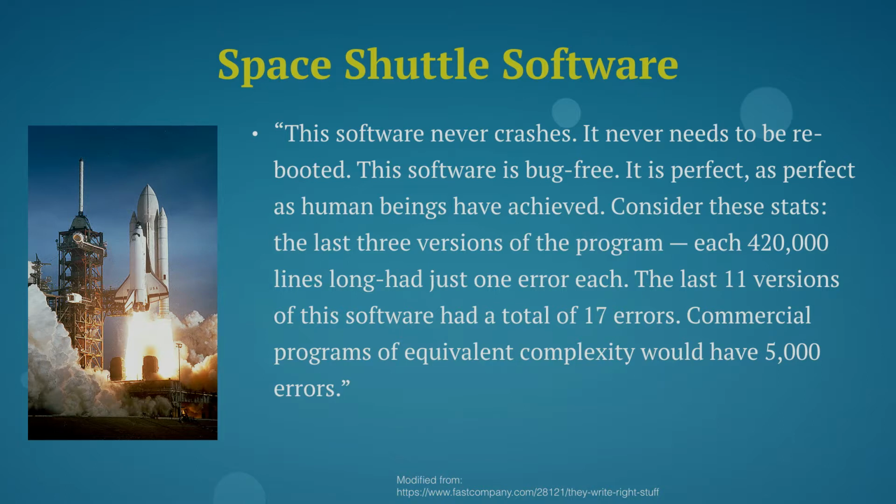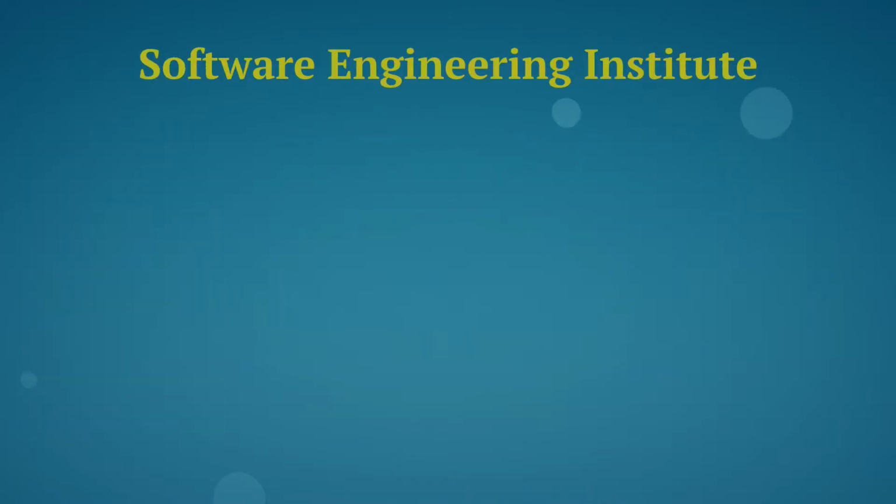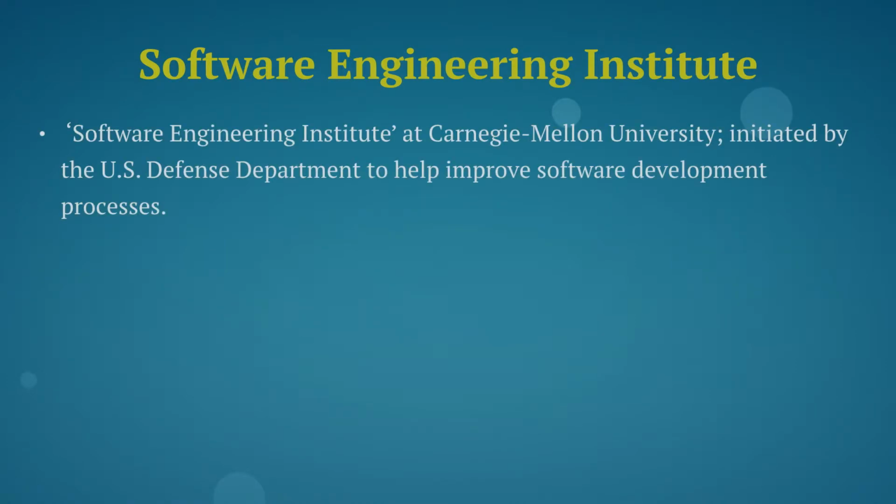So the interesting thing about this was, well, let's take a look at that. 420,000 lines and just 1 error each. And in that article, they introduced the idea that you could have levels of quality of the teams that would make software. And it came from the Software Engineering Institute, which is at Carnegie Mellon.